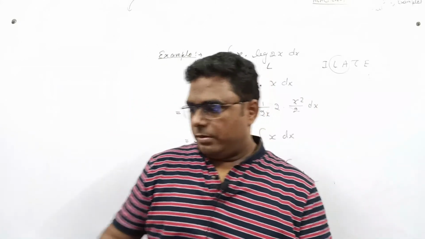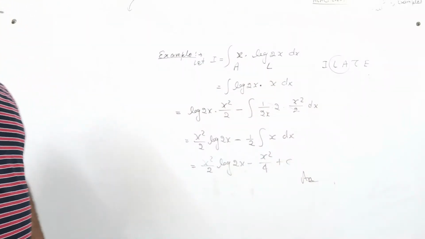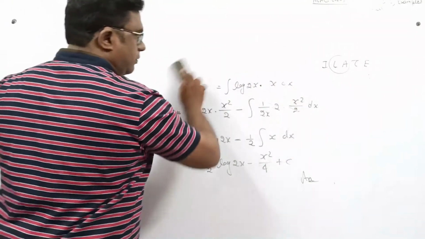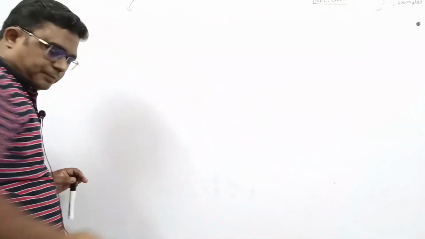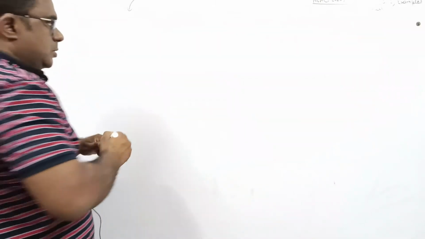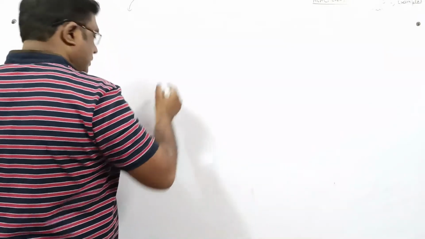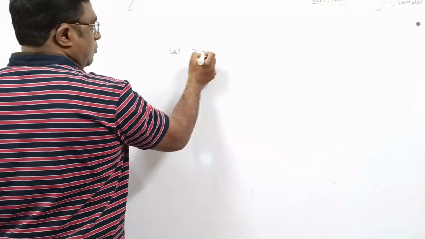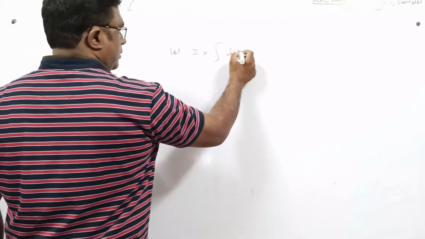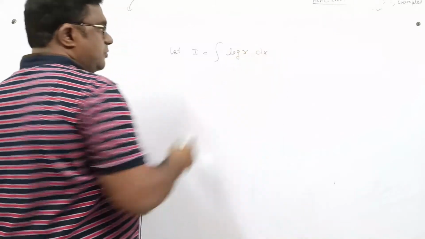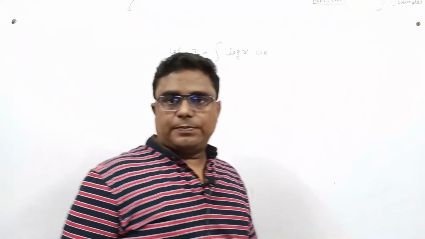So this is the way we do the application of integration by parts. Let us take one more example. Let I be equal to integral log x dx. In this we have only one function.